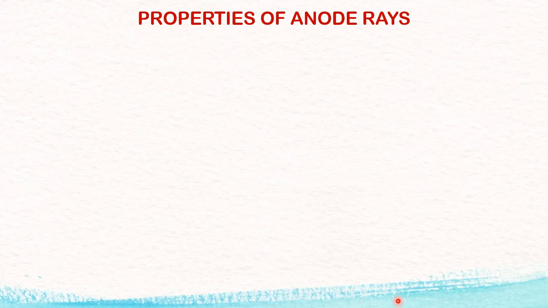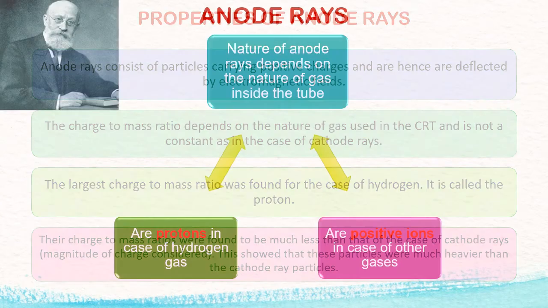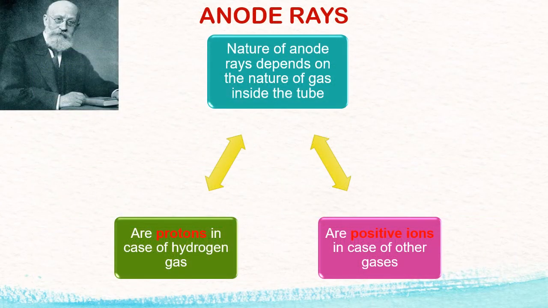Properties of anode rays: same as cathode rays, the only thing is anode rays are slightly heavier, and because they are positive, they are attracted by the negative plate, the rest remaining the same. So all the properties are the same: traveling in a straight line, kinetic energy; attraction in a magnetic field slightly differs. So this is a little information about the anode rays by the famous scientist Goldstein.